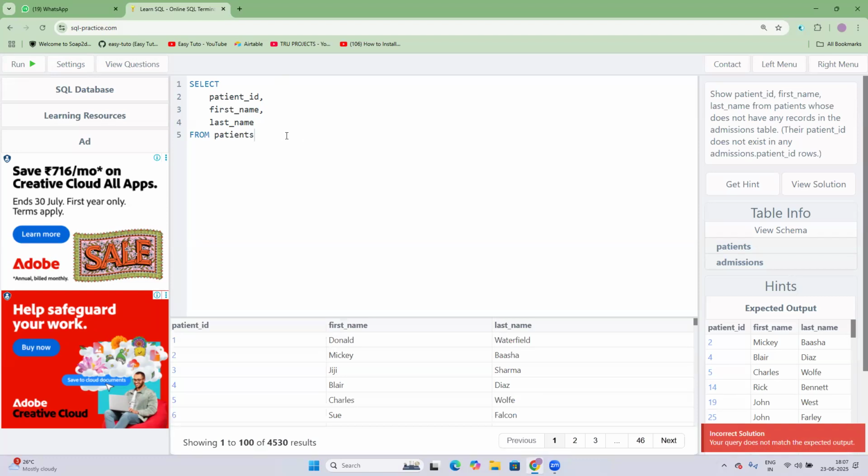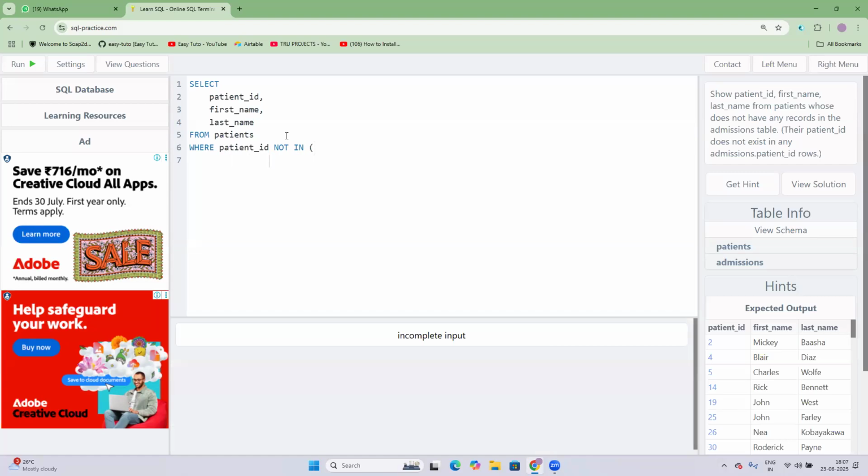All I'll do is where patient ID should not be in the admissions table. So not in, then we will just write a subquery. Exactly, a very easy subquery. Select patient ID from admissions.